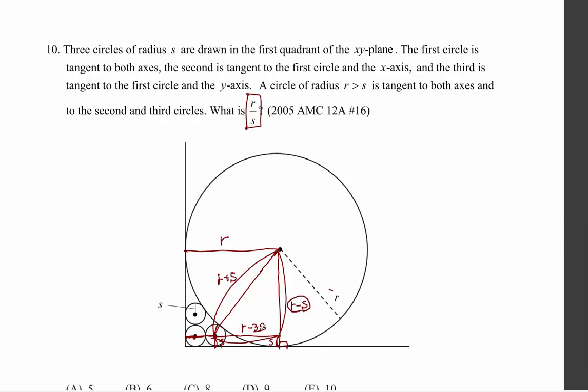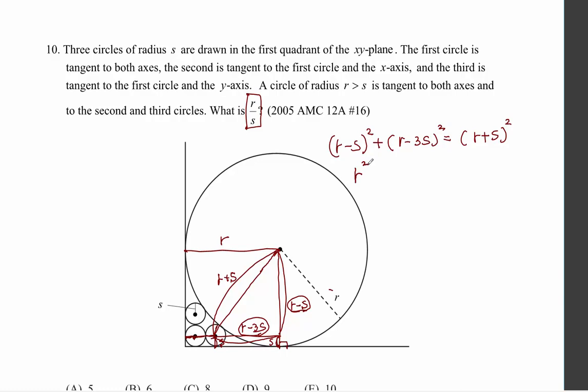This leg squared plus another leg squared, right? So (R minus S) squared plus (R minus 3S) squared equals (R plus S) squared. That's it, okay? Now let's find the relation between R and S. So now simplify.